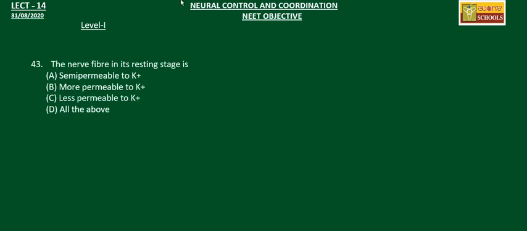The next question, the nerve fiber in its resting stage is. So let's see. A nerve fiber in the resting stage will have many open potassium channels. So you can see here there are many potassium channels, and so these are sodium channels.